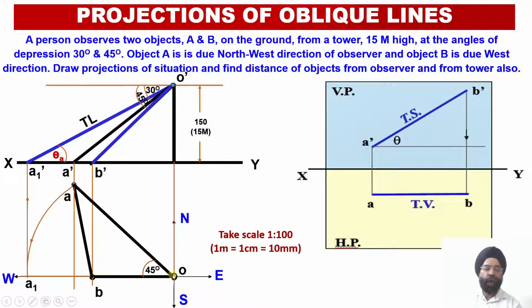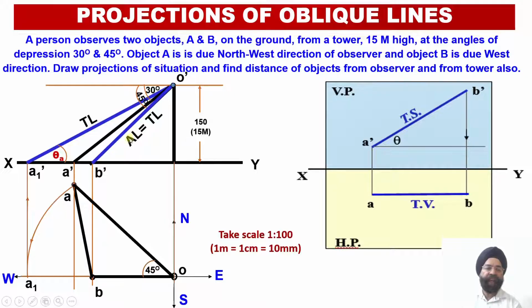So since OB is already parallel to the vertical plane, the front view projection corresponding to OB, that is O dash B dash, determines and provides us with the true length of the string or the ray of sight which is going to join the observer and the object B lying at the bottom of the ground.